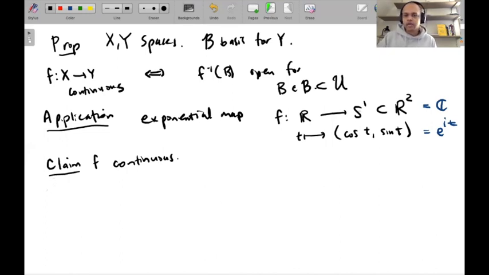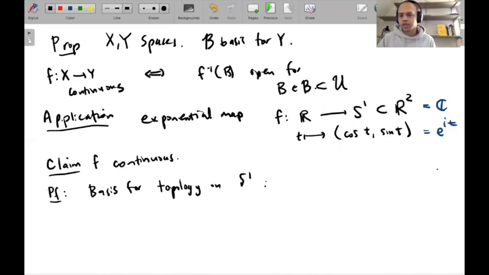So let's start by describing a basis. This is the proof. There's a basis for the topology on S1 given as follows.